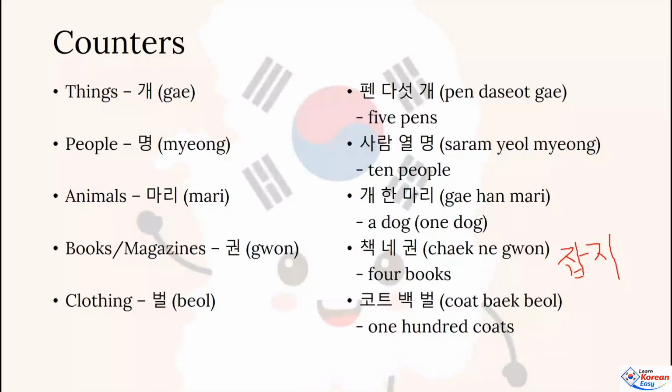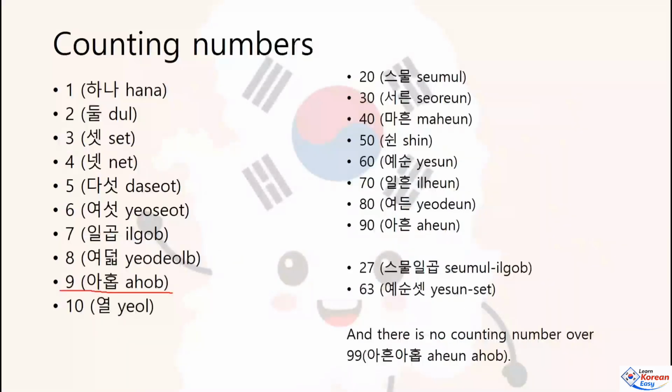So don't panic if you don't remember the actual words for counting numbers in Korean. That's okay. Just go with the simple one. 1, 2, 3, 4, 5, 6, 7, 8, 9, 10. So 9 is 9. So 9권. You didn't learn 12 in the counting numbers in Korean because I don't want to confuse you too much.